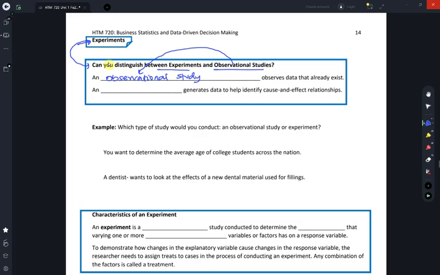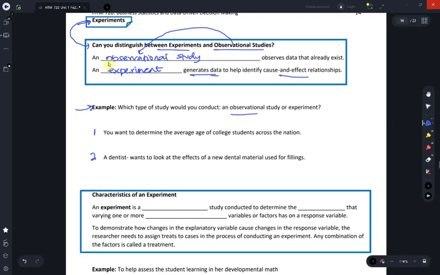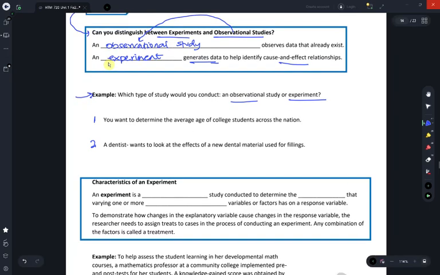On the other hand, an experiment is conducted in order to generate data to see if there is a relationship between the explanatory variable and the response variable. Here's an example of two scenarios where we would like to see which type of study will be very useful. Would it be an observational study or an experiment?